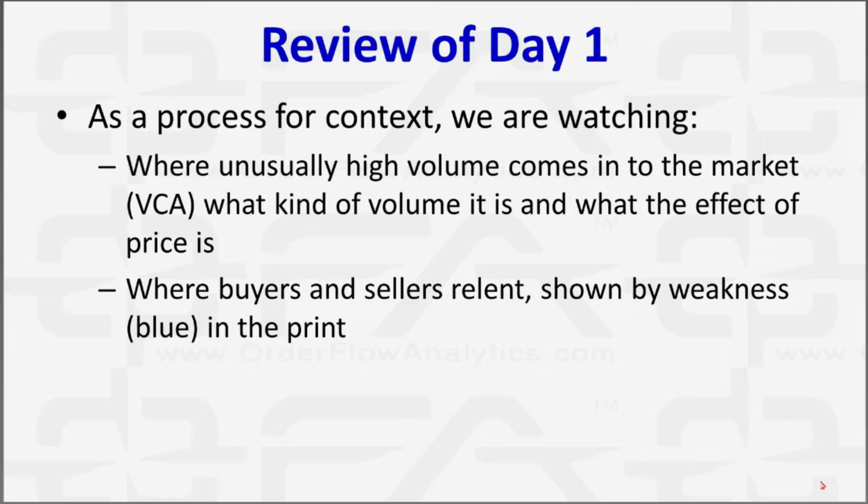We can see that, in fact, sellers have stepped aside, so to speak. We want to make note of that, and what it's saying is in that area, buyers don't see value, and we want to, as part of the auction, make note that that is an area for the day at that point in time of weakness by the sellers.